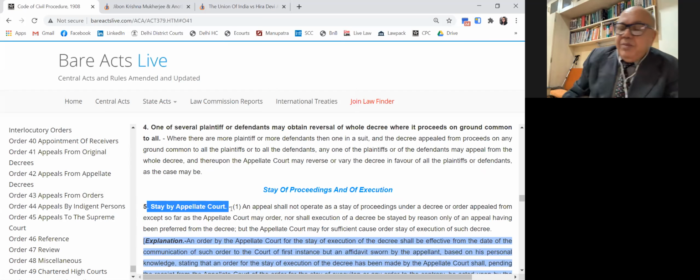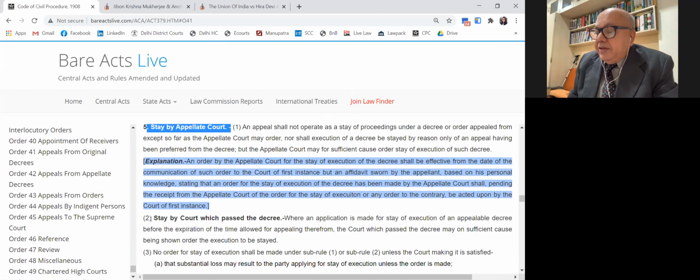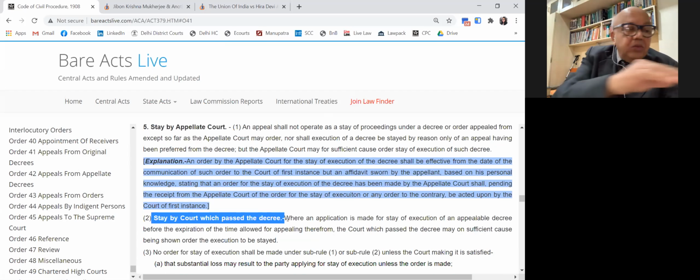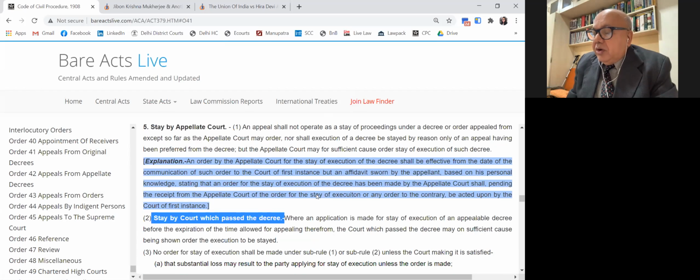This is at the time when the defendant wants to file an appeal. The executing court itself stays the decree. समझे ना आप? Order 41 Rule 5 sub-clause 2. Stay of execution by the court which passed the decree. You got it?